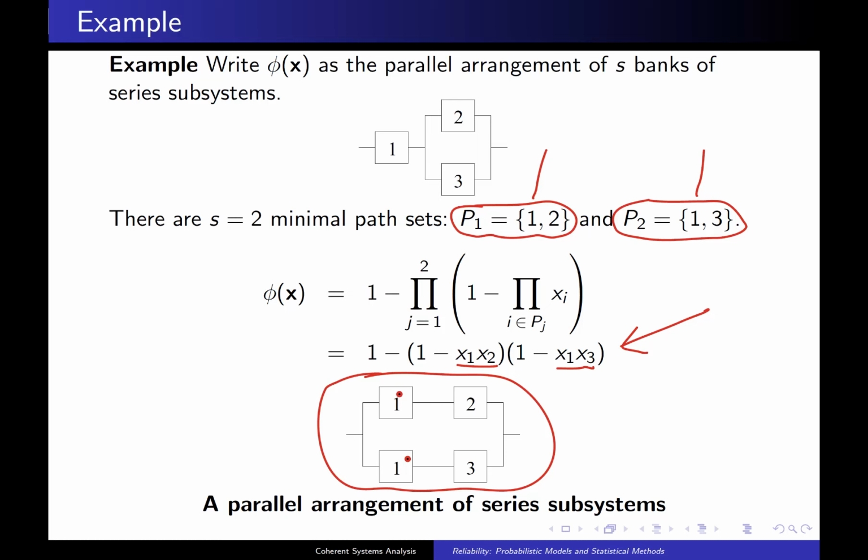When one of those goes up or down, then the other one does as well. It's just a different way of writing the system. Now you could argue that we've taken something which is a nice way of writing a system and made it more complicated, and you'll see why writing it as a parallel arrangement of series subsystems is helpful a little bit later.